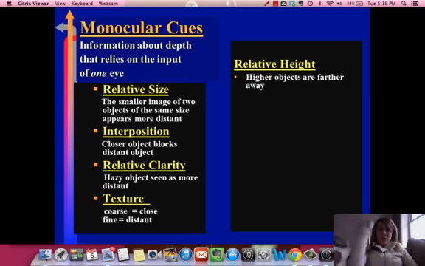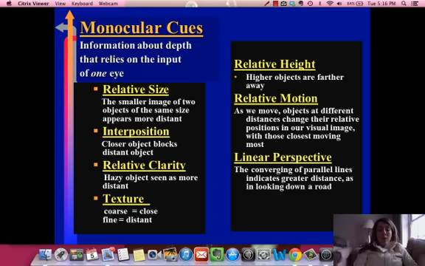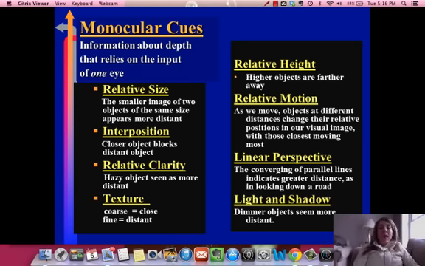Height: higher objects in a picture are seen as farther away. Relative motion, and I'll show you a little video in class that shows this: the closer something is to you, the more it looks like it's moving in the opposite direction. And the farther something is away from you, the more it looks like it's moving in the same direction. Linear perspective: parallel lines look like they converge in the distance at the horizon, okay? And light and shadow: dimmer objects seem more distant.